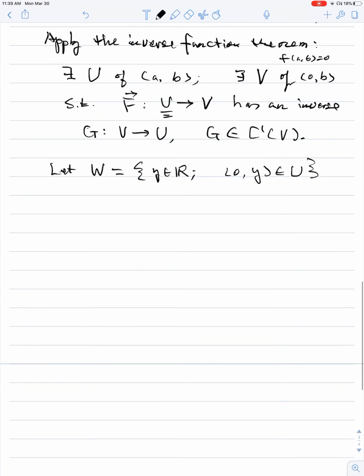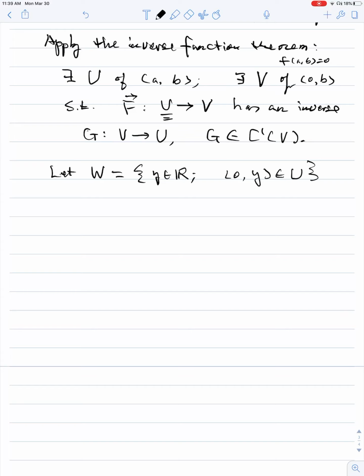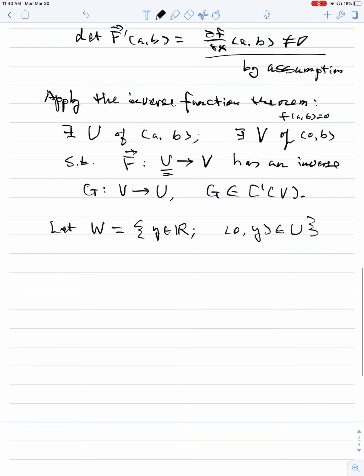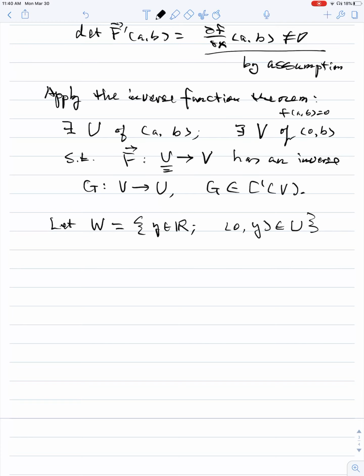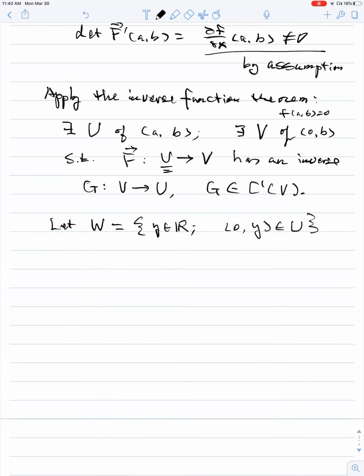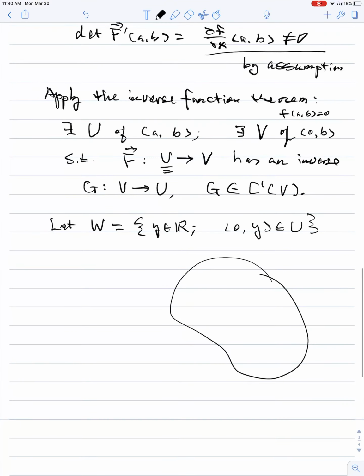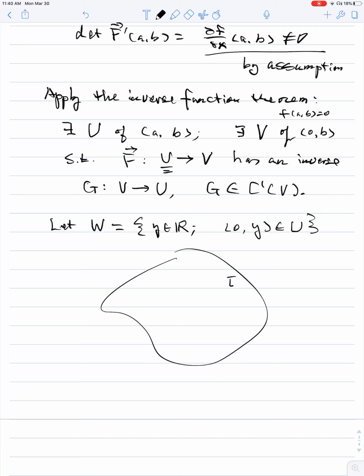Okay, so let's draw a graph here. This is E. This is the point (a, b).